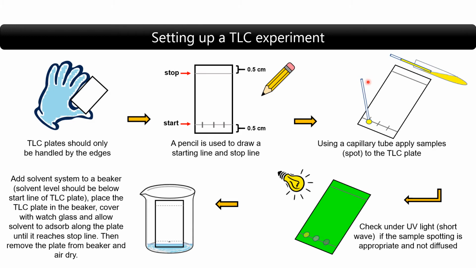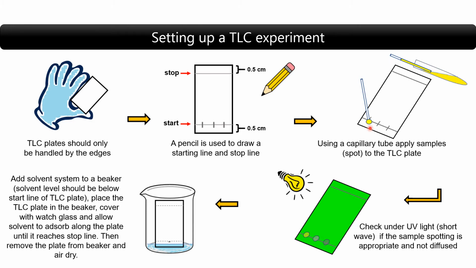So during the lab, we made sure to rinse the capillary tube using some ethyl acetate between each spotting. Ethyl acetate, like we discussed earlier, has an intermediate polarity, so it's able to dissolve many different organic compounds. So if there are any organic compounds contaminating the capillary tube, they should be rinsed off by rinsing the capillary tube with ethyl acetate.